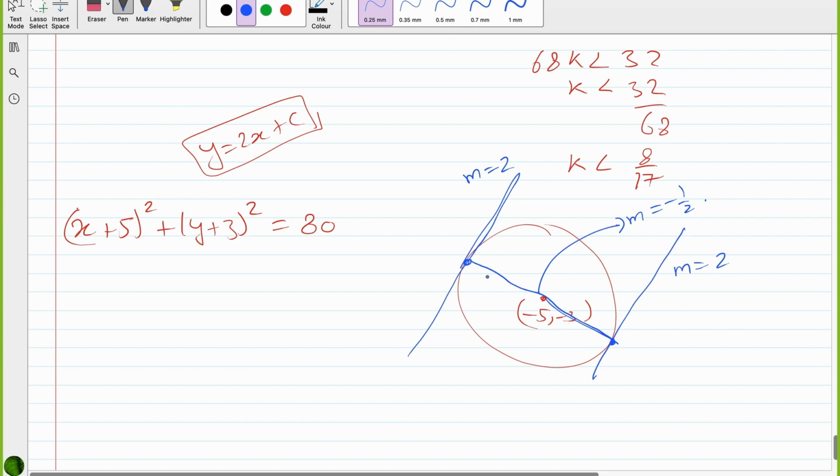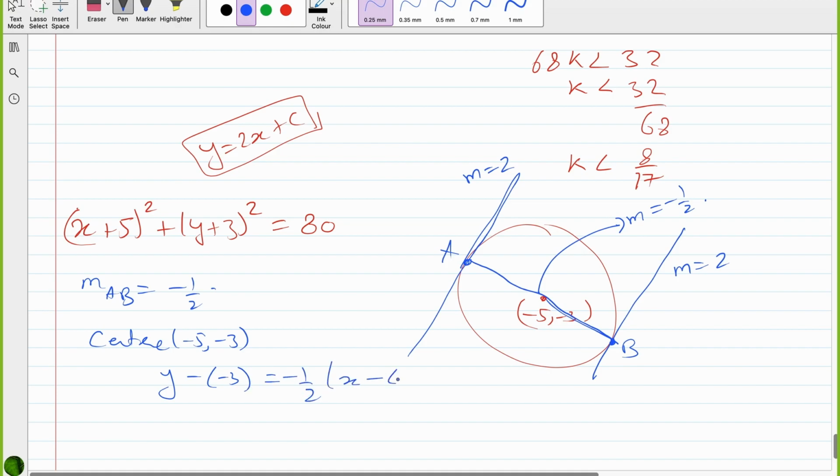So I'm finding the equation for this diameter. Let me say these are points A and B. So the gradient of AB is -1/2, and the coordinates of the center are (-5, -3). Using y - y1 = m(x - x1), y + 3 = -1/2 (x + 5).